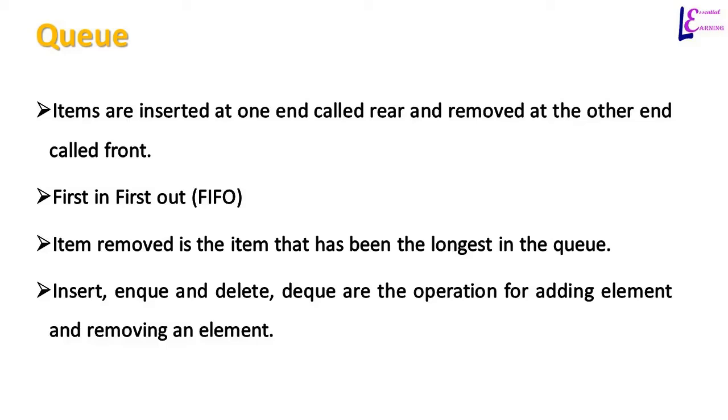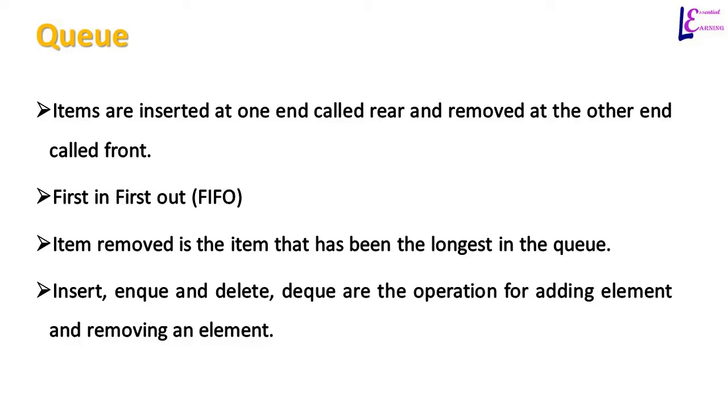A queue is the same type of data structure as a stack, but items are inserted at one end called rear and removed at the other end called front. So the element that is added first will be the first to be removed. Hence, this structure is also called first in, first out. The item removed is the item that has been the longest in the queue.